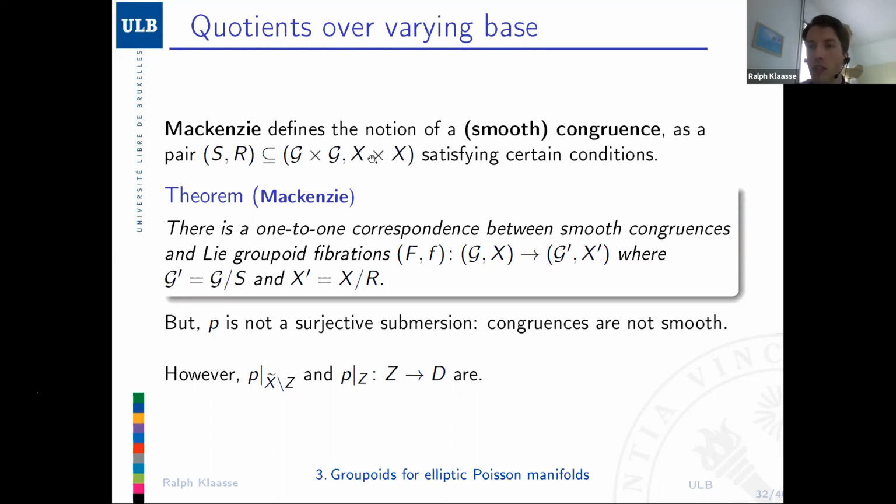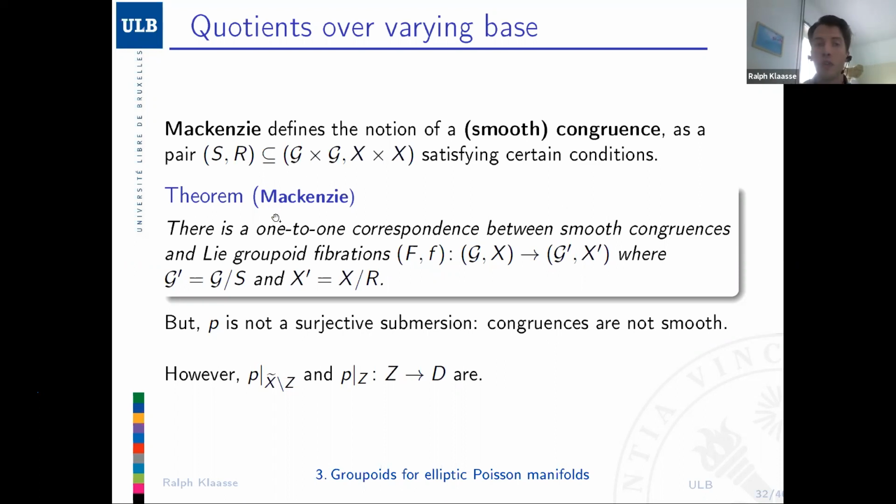That is, of course, not too strange, because if you take a quotient, what you need to do is identify certain things. So you need to quotient by an equivalence relation, which says which things should be the same. And an equivalence relation is the same thing as a subgroupoid of the pair groupoid. So a smooth congruence is the groupoid version of that. You need to take this thing to satisfy certain conditions, such as being a subgroupoid, and there's some further compatibility, which I'm not spelling out.